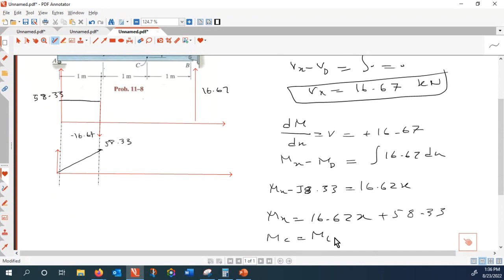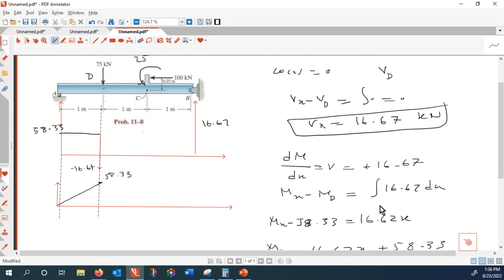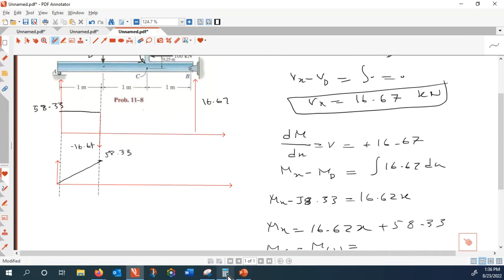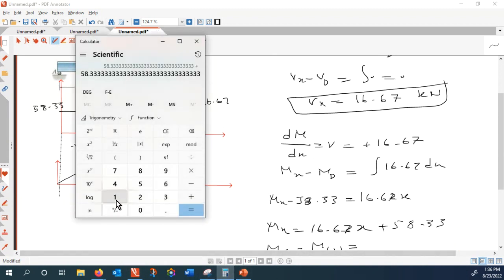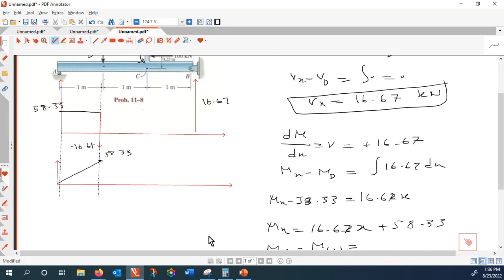M of c is M at x equal to 1, which is these two numbers added together. So that is 75.